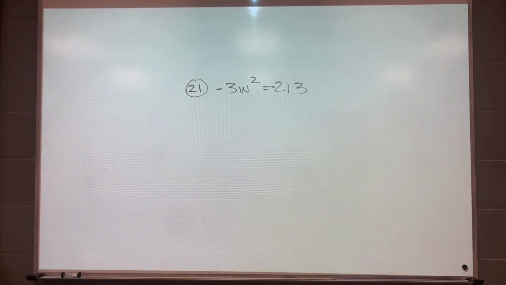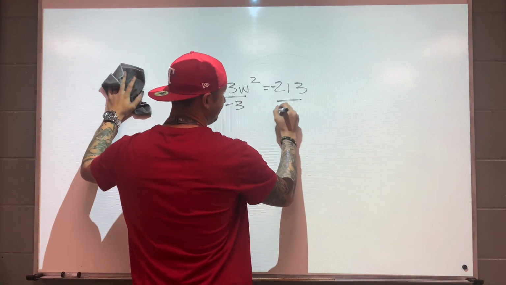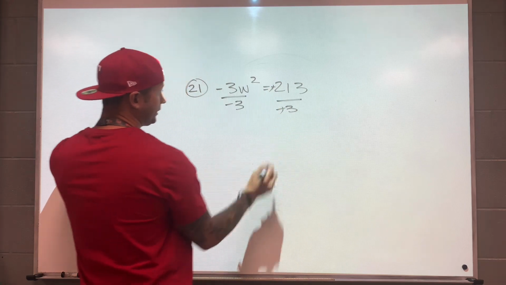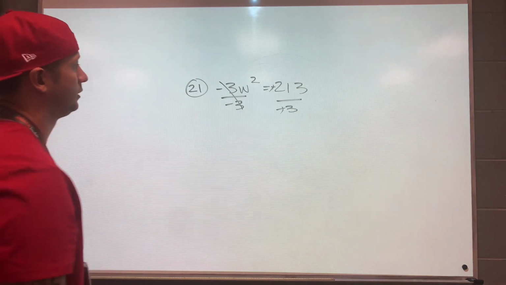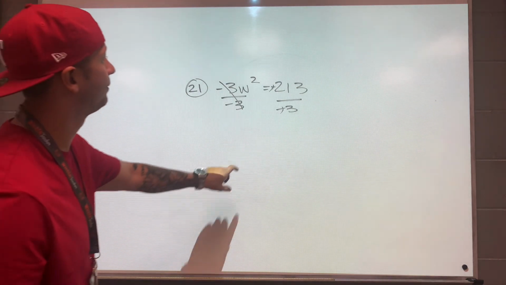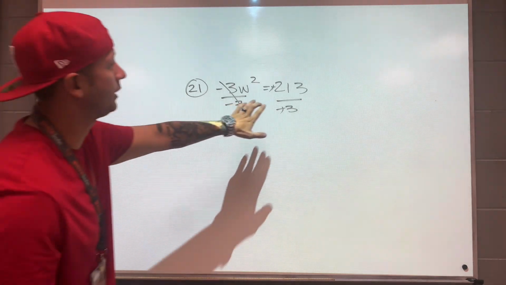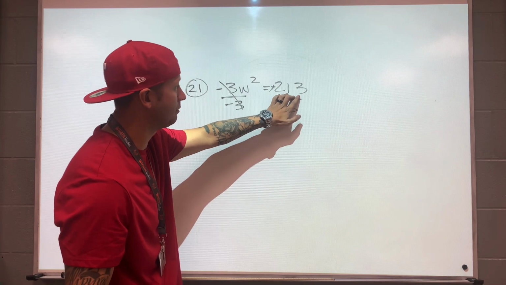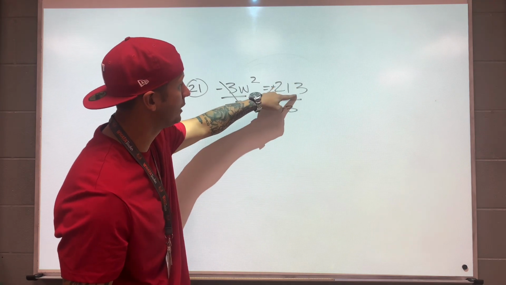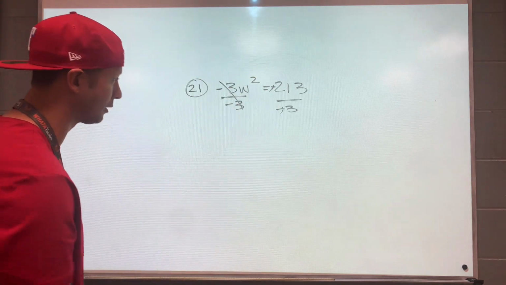Number 21. Okay, negative 3w squared is equal to negative 213. Divide both sides by negative 3. The negatives are the first thing that I see cancel. Does 3 go into 213? Probably. So quick little trick: if the digits add up to a multiple of 3, it's divisible by 3. So 3 plus 1 plus 2 is 6. Therefore, 213 is divisible by 3.